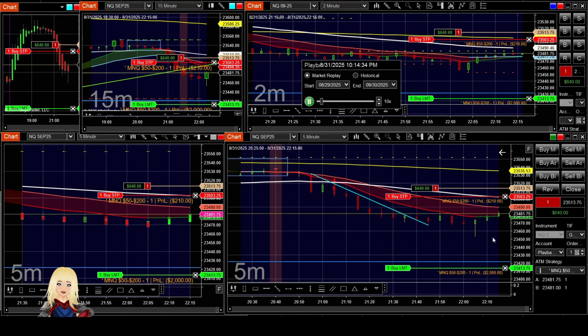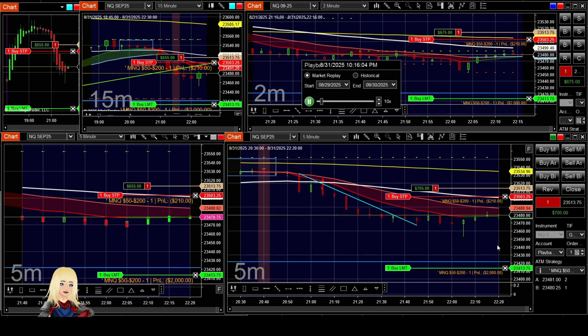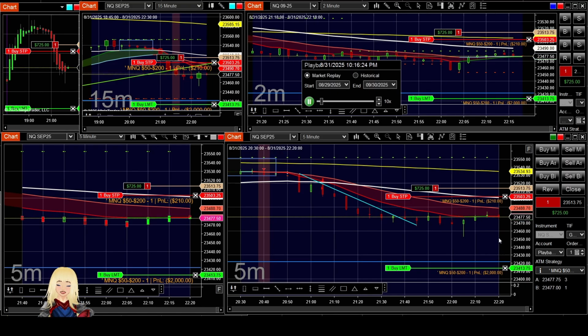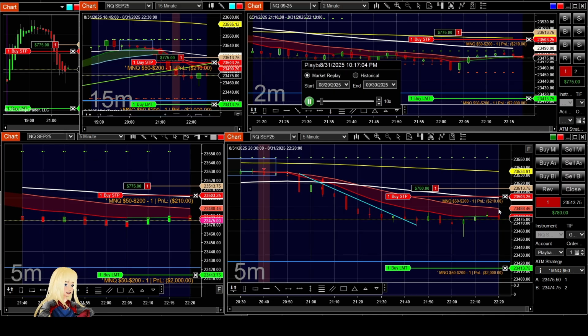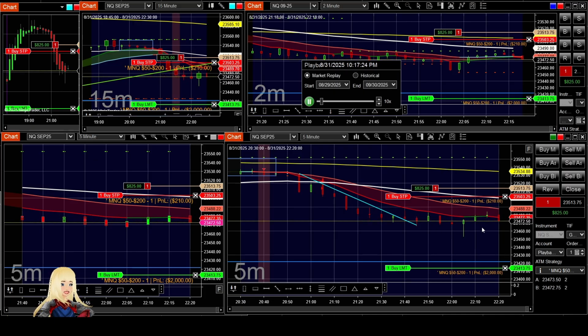Price has gone back up inside of our cloud, which is always iffy, but as long as it's staying below that 20 MA, we can consider this sideways activity and stay in.